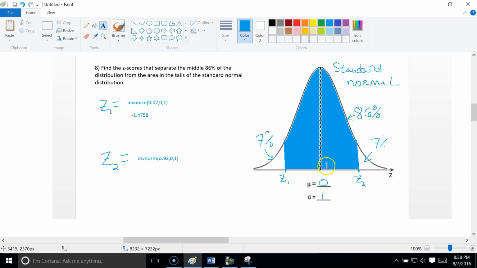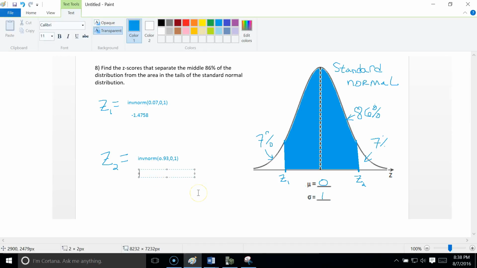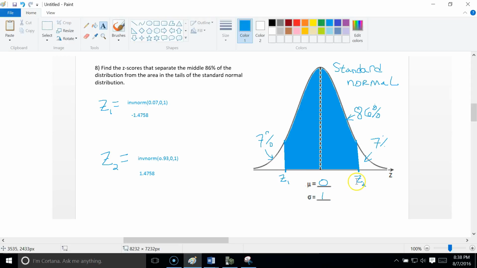It's centered at 0, so we can take advantage of some of these principles to have some shortcuts. So it makes sense that it would have been positive 1.4758.